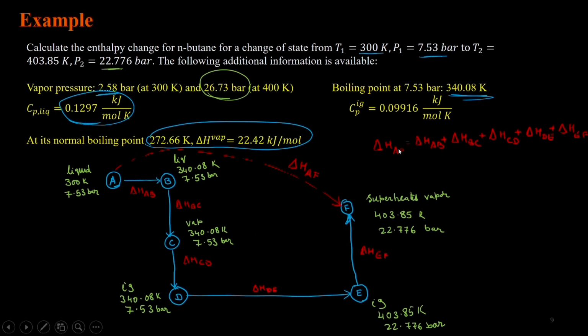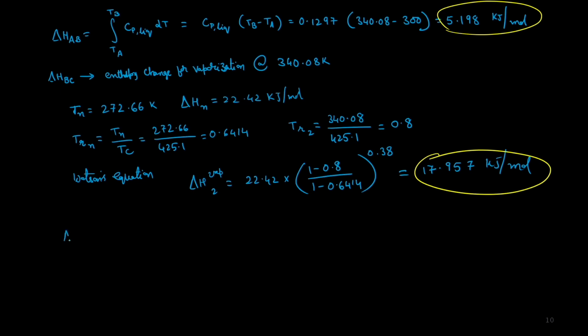If you think about it, delta HCD is H for the ideal gas, HD, minus HC, so that is H for the ideal gas at 340.08 Kelvin and 7.53 bar minus H for the vapor at the same conditions, that is HC, 340.08 Kelvin and 7.53 bar.